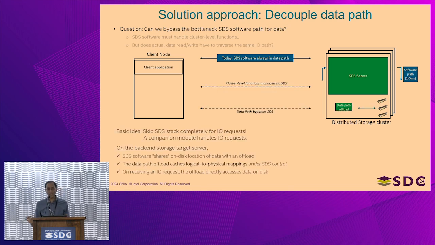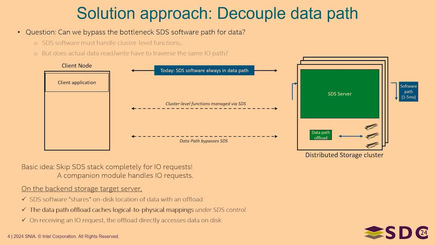And the basic idea here is, what if we have a companion module in the backend target storage server, which will take care of handling the I/O requests. On the backend storage target server, the SDS stack can share the mappings of the data with this companion module. By mappings, I mean, for an extent in the logical volume, where is the actual physical drive and the offsets in the drive where that data resides, right?